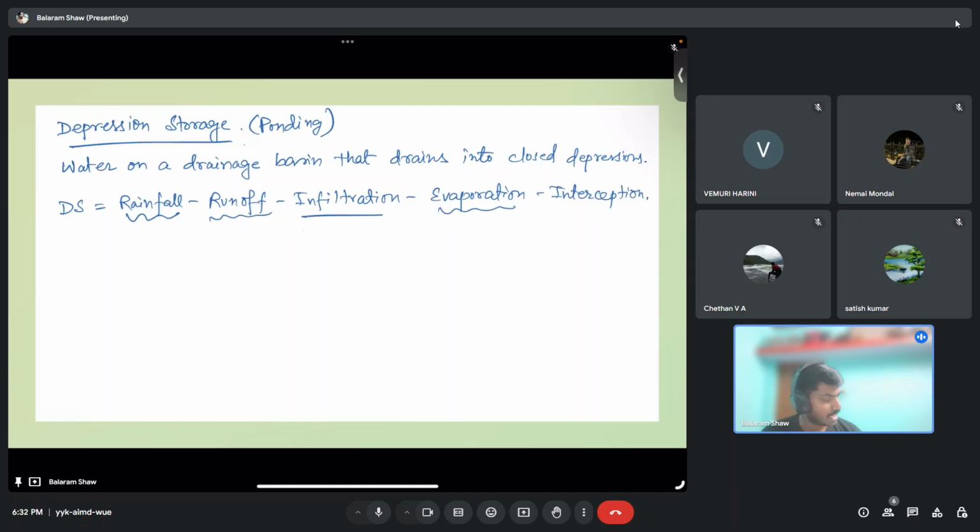Other than that, this is the simple hydrological budget equation or water budget equation. Other than that, we can again have some models or empirical equations, so models of superficial depression.